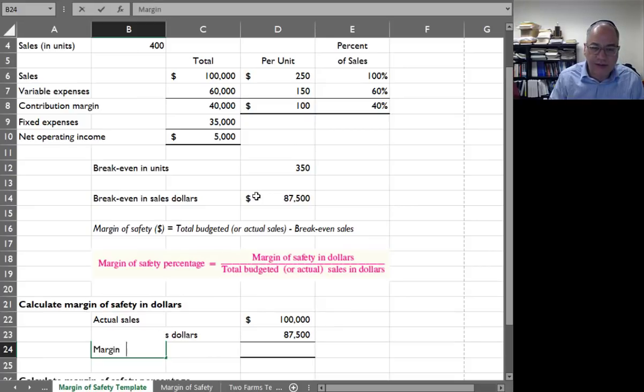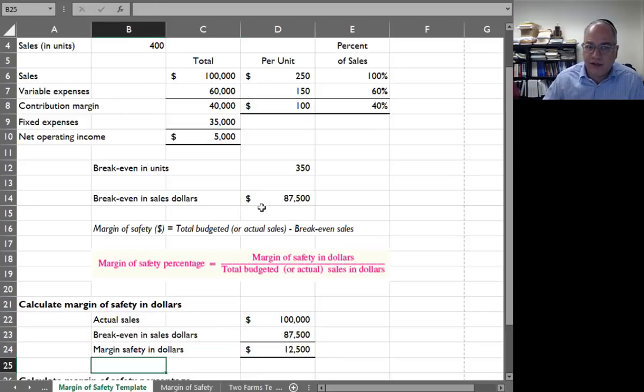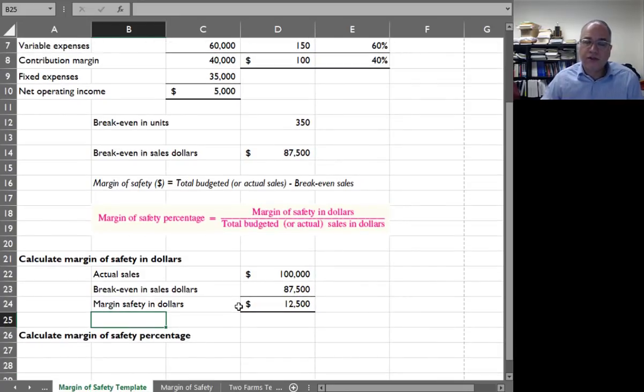And the margin of safety in dollars, and you could take margin of safety in units and multiply it by the sales price and get the same thing, is $12,500. So that means you have $12,500 worth of safety away from the break-even point. To calculate the margin of safety percentage, you would take again the margin of safety in dollars.